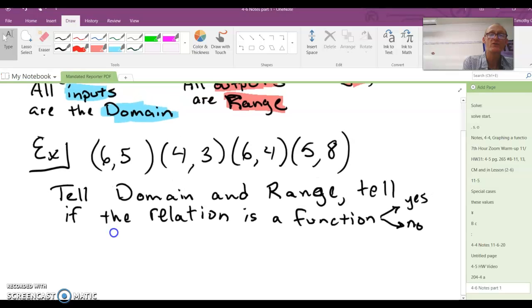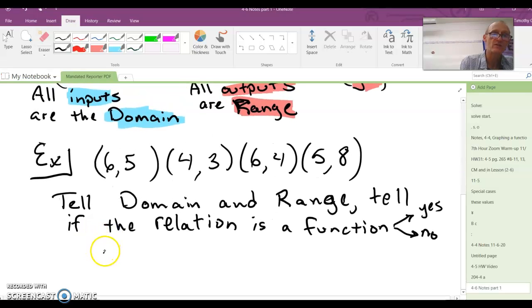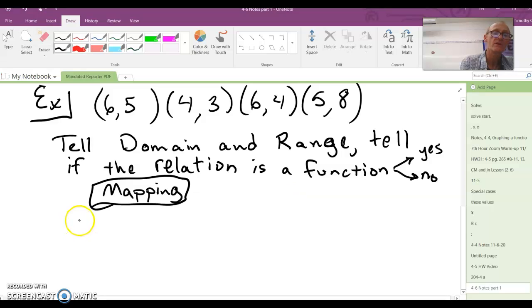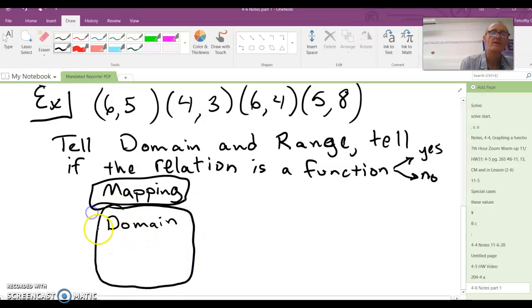What we're going to do is something called a mapping. With a mapping, we list the domain in a bubble. The domain is all the x's, all the inputs: 6, 4, 6, 5.